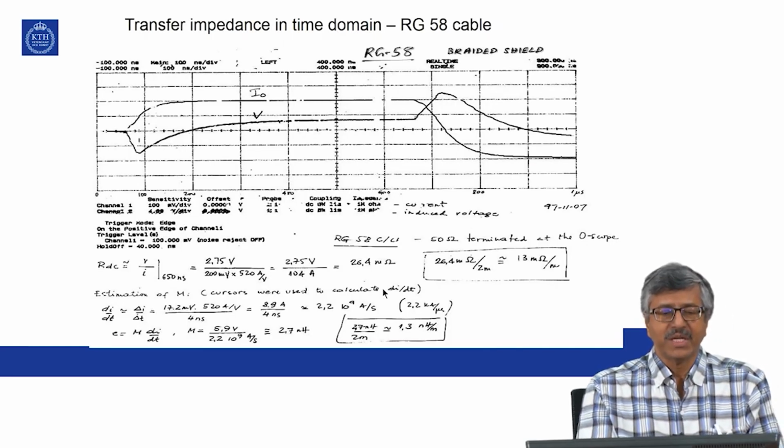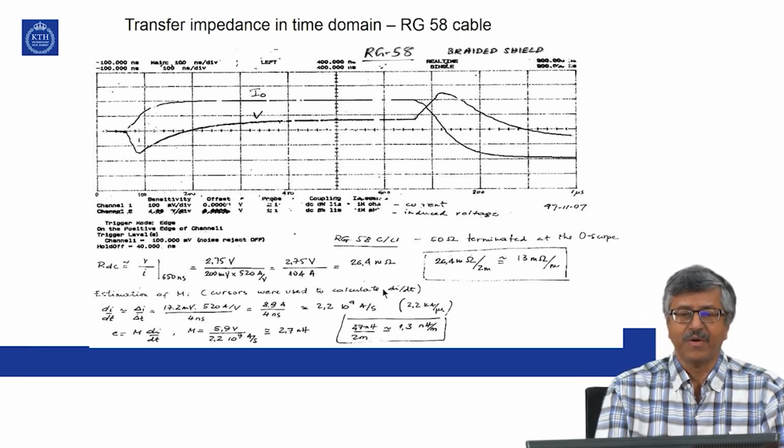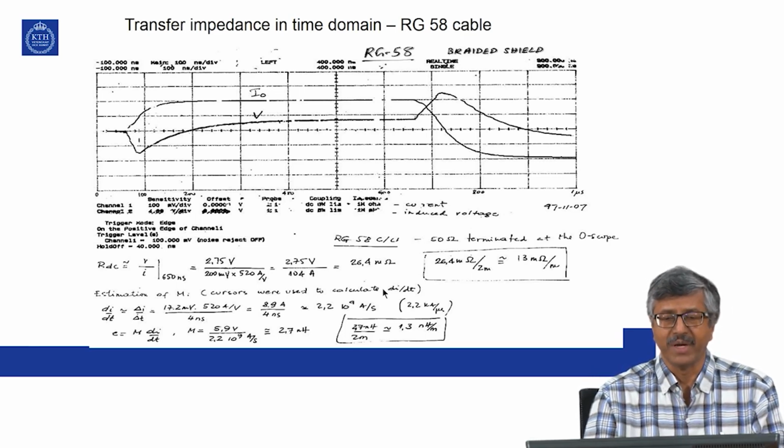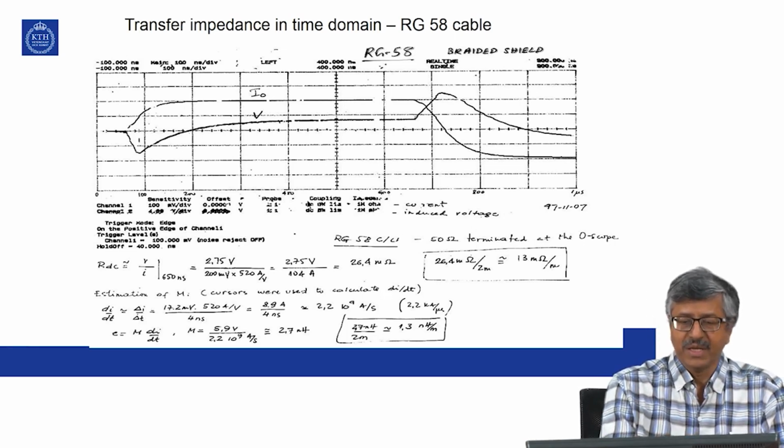Now, what is shown here is an oscillogram of transfer impedance in time domain of an RG58 cable. Down here you can find the time division.